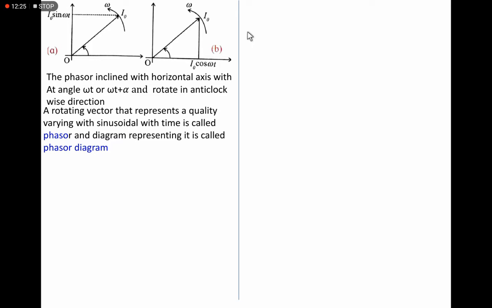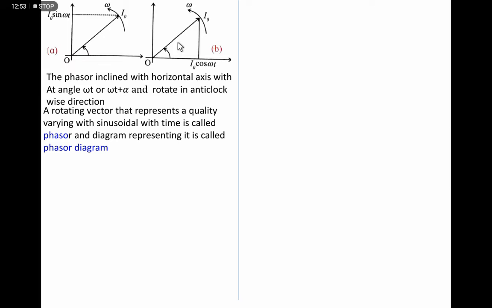Here in our diagram, the quantity is the current, and it makes an angle with the horizontal. The angle is omega t or omega t plus alpha. It rotates in anti-clockwise direction. Current is the phasor, and it rotates anti-clockwise.